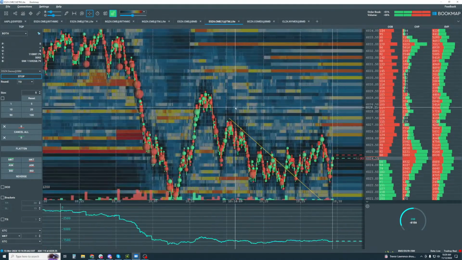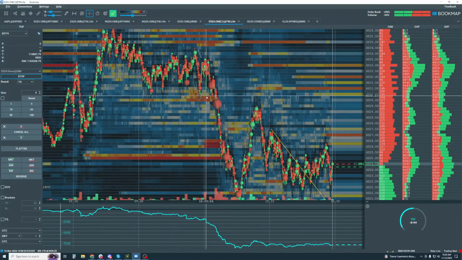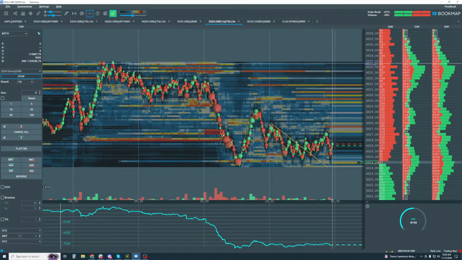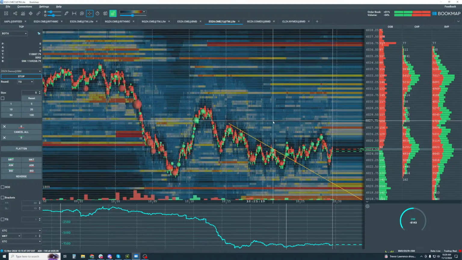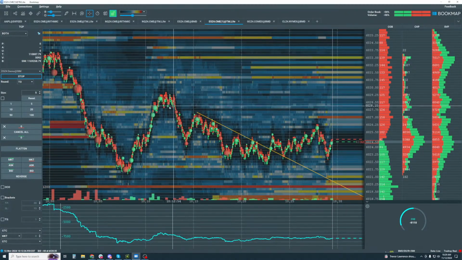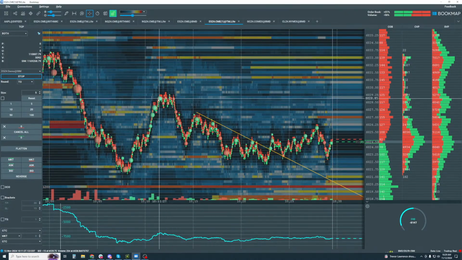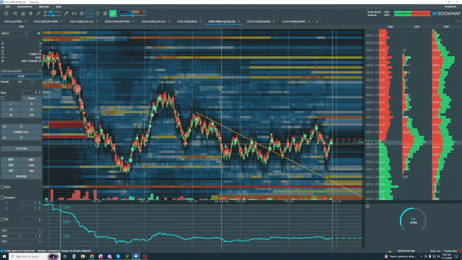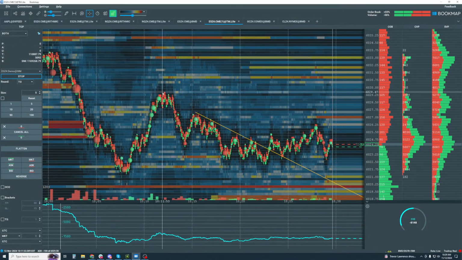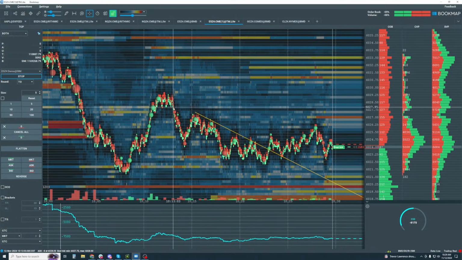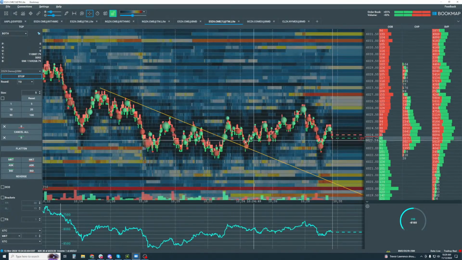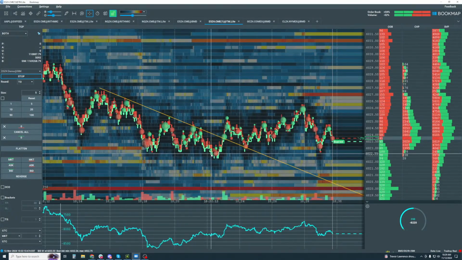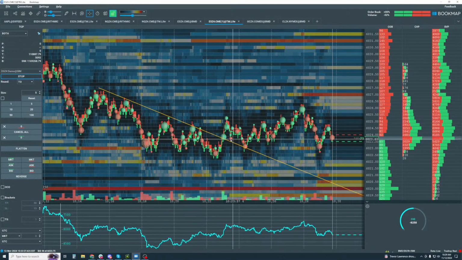Now, what I mentioned and why I went there was because I wanted to go through this little reversal structure and say that when price is up higher, it is easier to take this to the downside. When price is lower like this, a lot of times it depends.